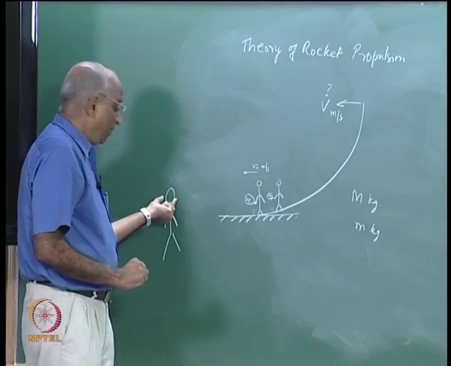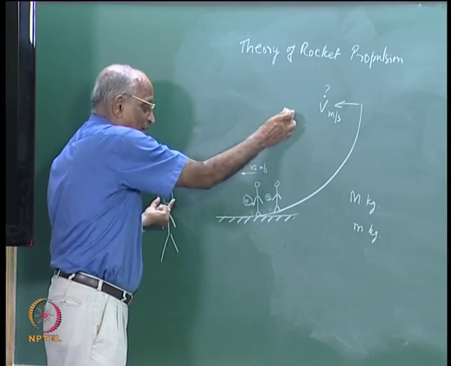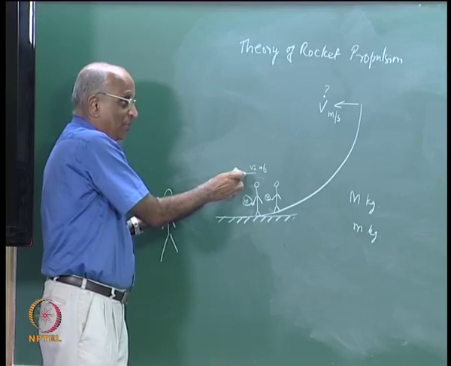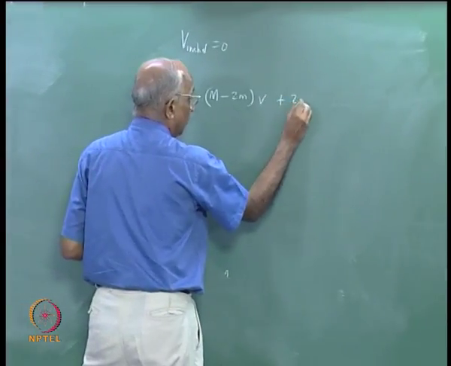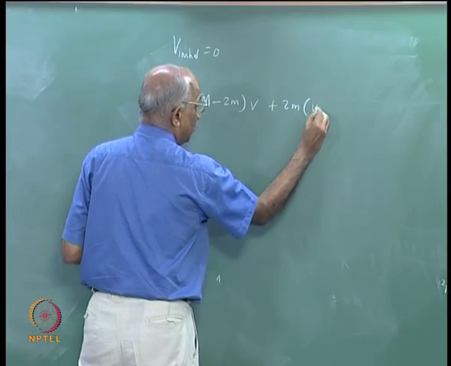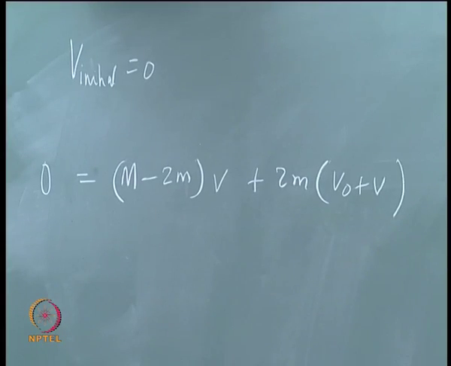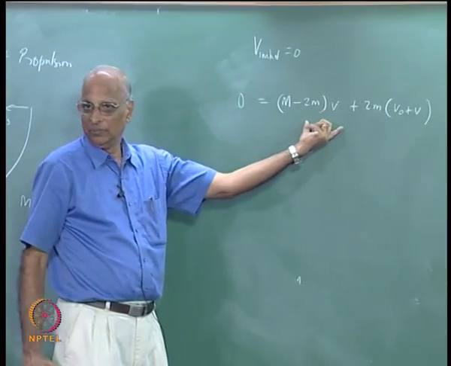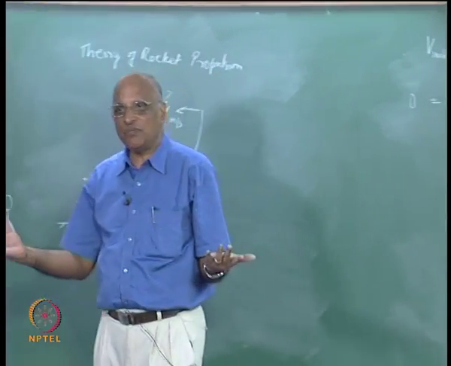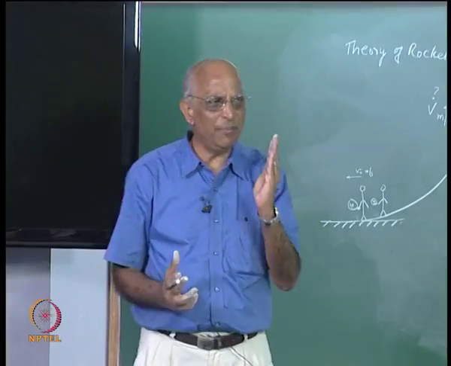I am watching it from the inertial frame of reference. The sled is moving with a velocity V, stones are moving with a velocity v0, and therefore I get 2m into (v0 plus V) in the inertial frame of reference. Momentum is conserved. Initially it is 0, final must be equal to this, because I am talking of the inertial frame of reference, and therefore this frame of reference is very important in any mechanics problem.